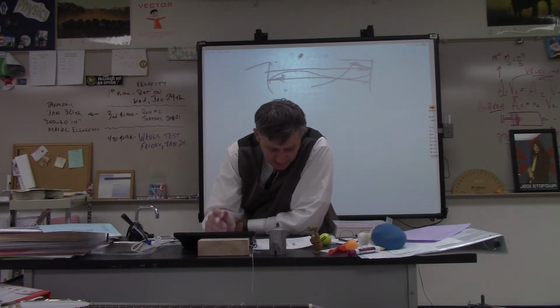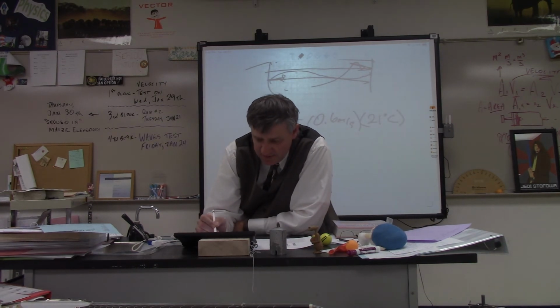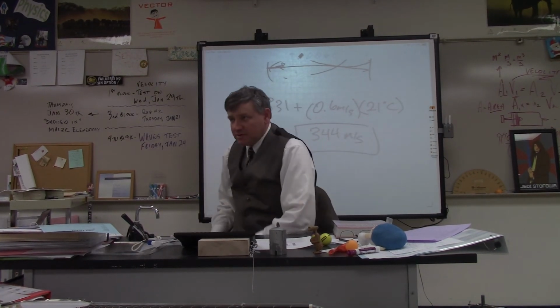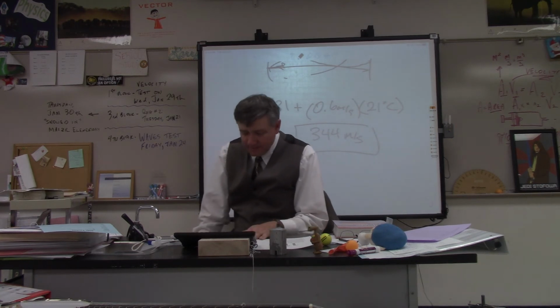On number 9, we take 331 plus 0.6 meters per second times 21 degrees Celsius. So take 331, and add that to 21 times 0.6. That's 343.6, so call it 344. That's what we're going to use as the accepted value for the speed of sound.